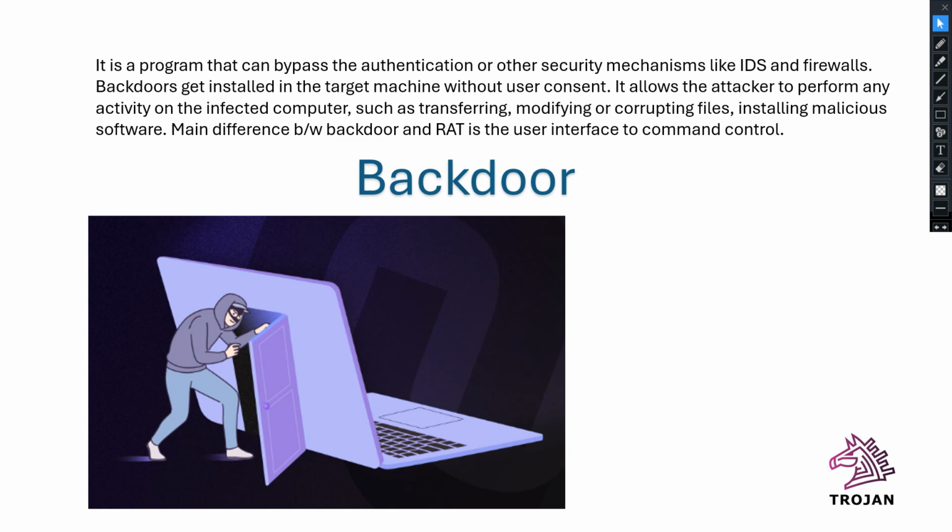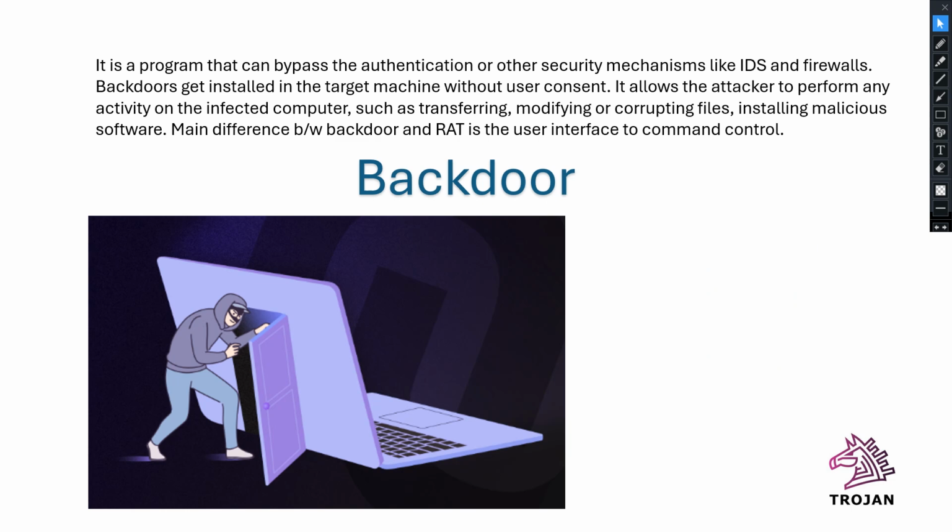And similarly, a RAT also has those capabilities. Okay, the main difference between the backdoor and the RAT is the user interface to command and control. So I hope you got it.